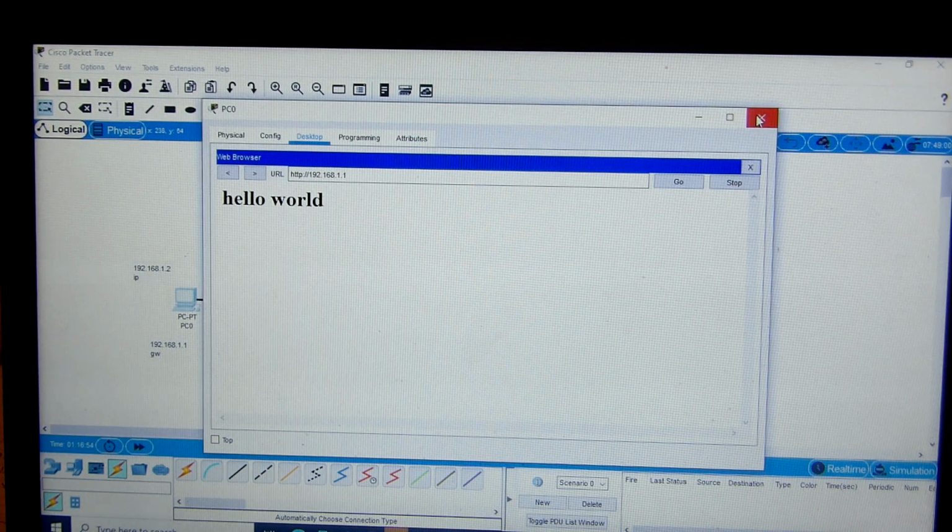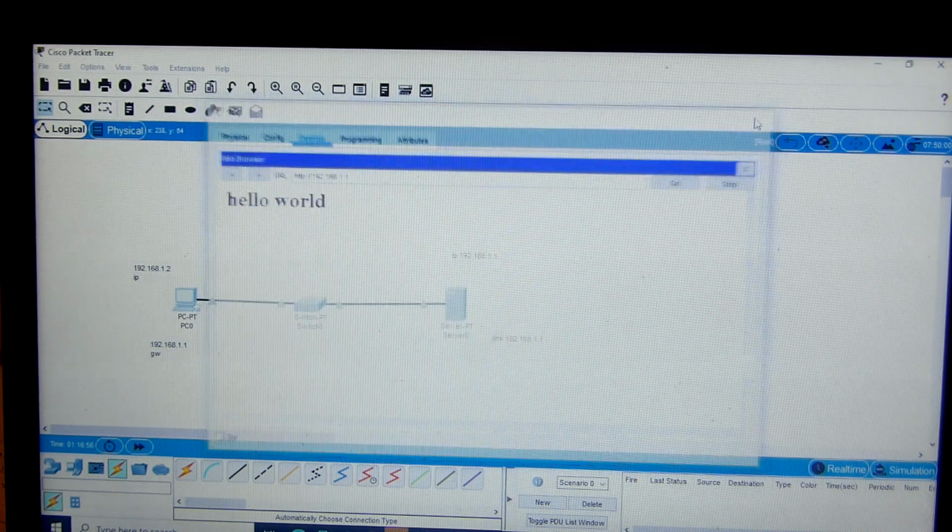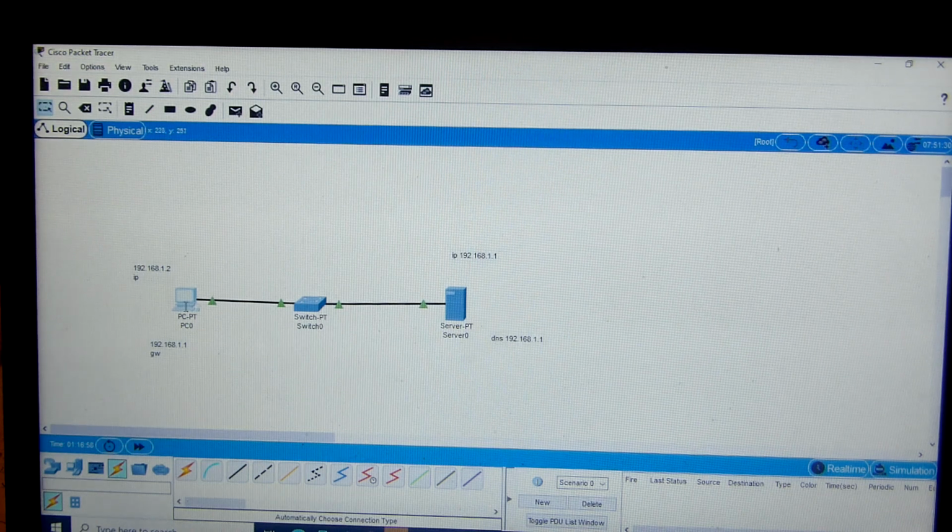So what you do on the PC, you give the IP address, which is the gateway. The gateway here is the same as the DNS server, and the IP address of itself, which is the gateway for this server. So if you want to send a video from here to here, it says successful.